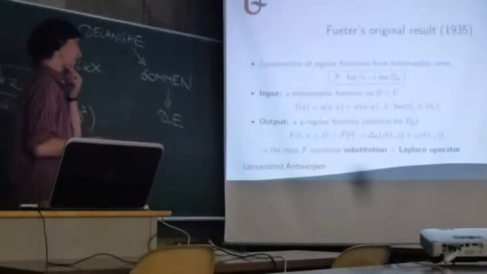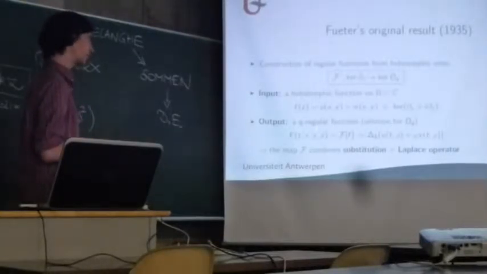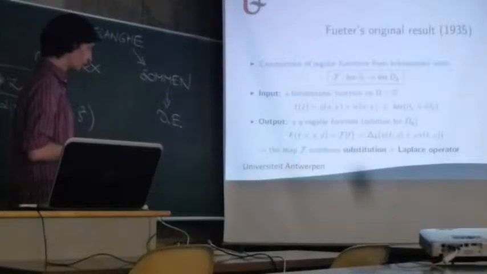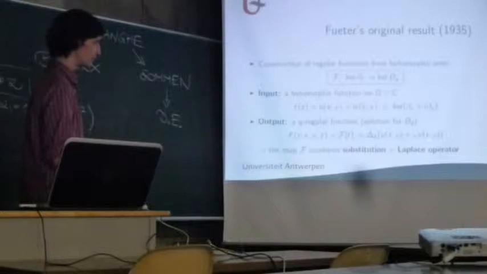Q-regular, as on the first slide, means a solution for this particular differential operator. And how does it work? How does the Fueter map work? Well, you get a function in quaternions as follows. You start from the holomorphic map f, small f here. It consists of u and v.